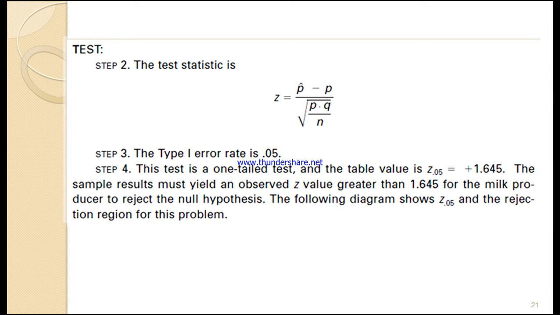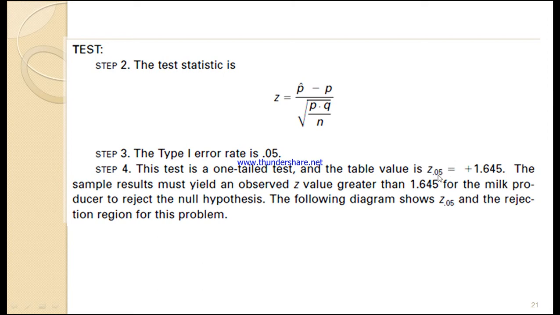And let us find the table value. Alpha is 0.05. Therefore, when we deduct 0.05 from 0.5, which is the probability of one tail, we find 0.4950.